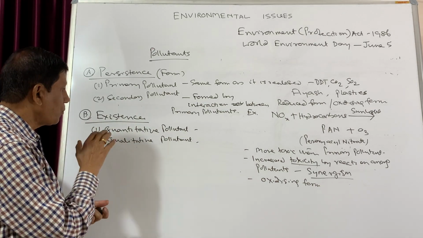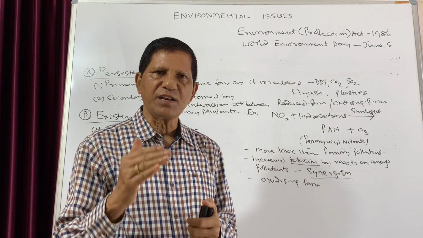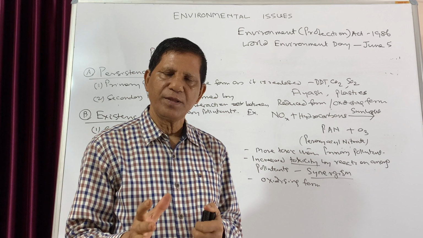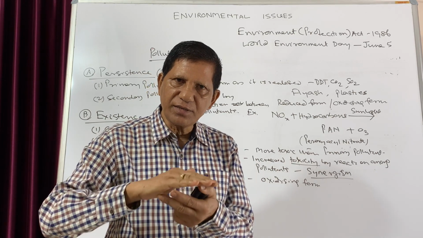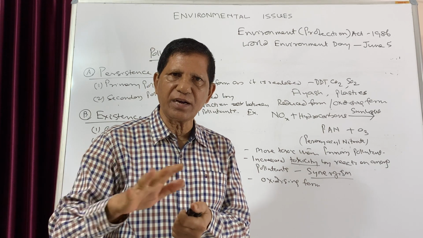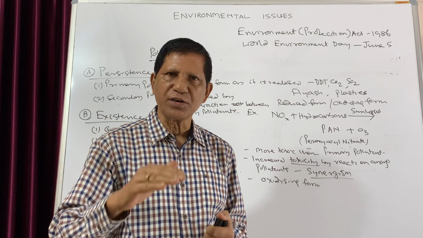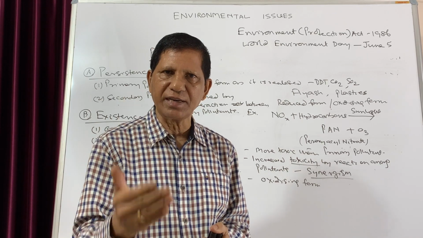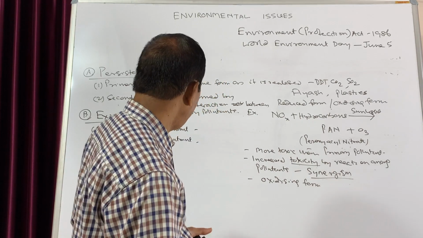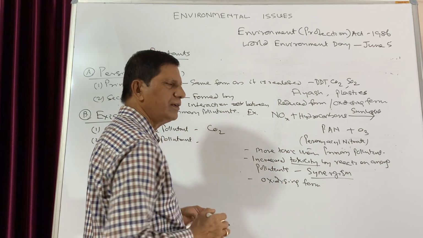So what is a quantitative pollutant? There are certain substances which are present in the atmosphere, but only to such an extent that they are not toxic, they are not pollutants. But if their concentration in the atmosphere is increased, then they will act as pollutants. One of the best examples in this case is carbon dioxide.